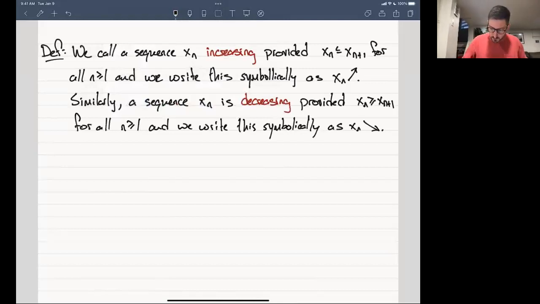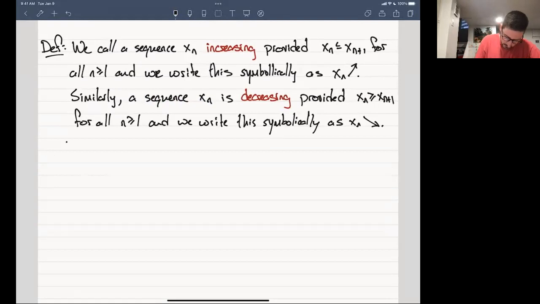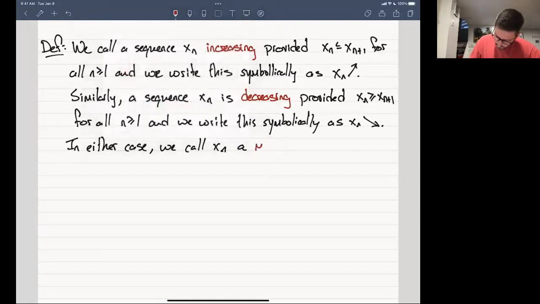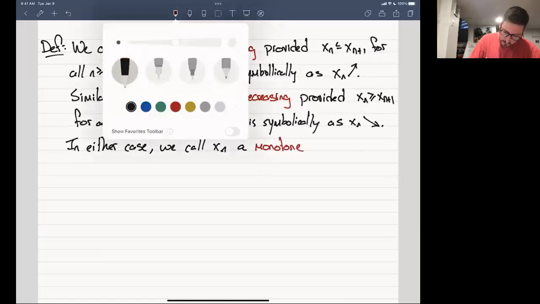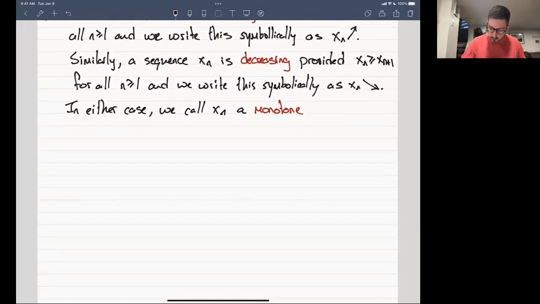Now, in either case, we call xn a monotone sequence. So if it's either increasing or decreasing, it is just referred to as monotone.